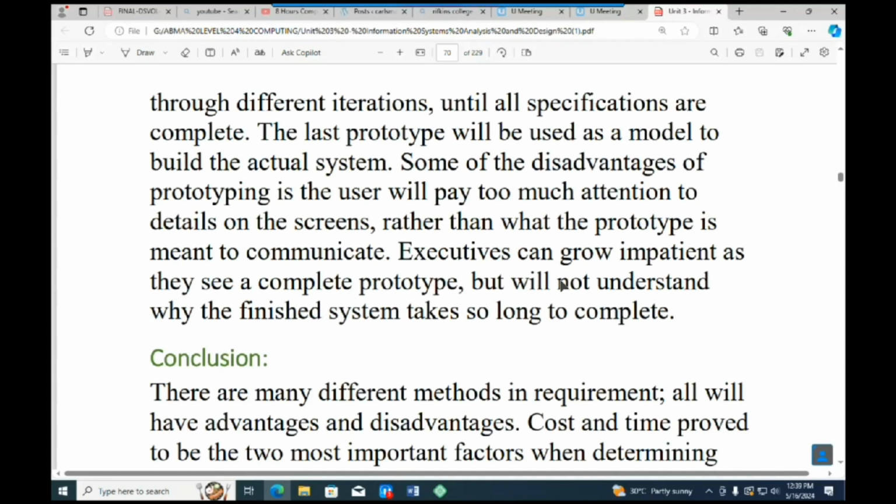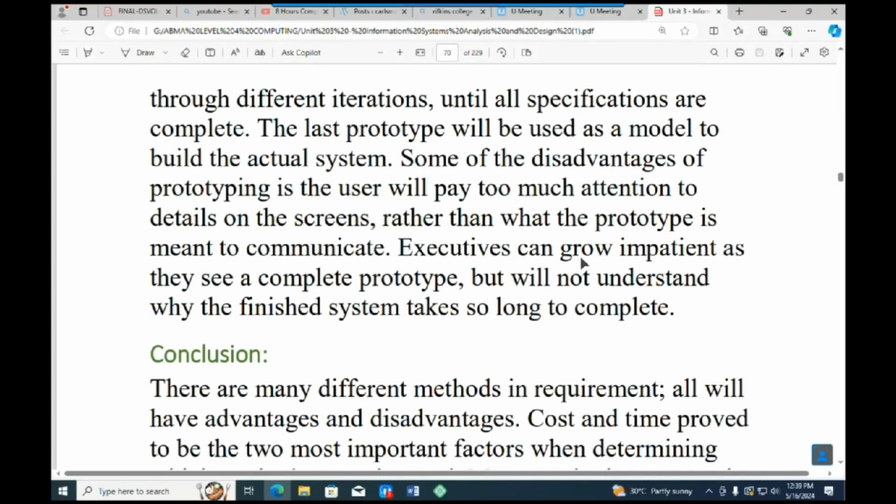The other disadvantage, apart from paying too much attention to the screens than what the prototype is communicating, is that we can have impatient executives. They see a complete prototype, but they don't understand why the finished system is taking too long to be complete. So we have executives that are impatient.